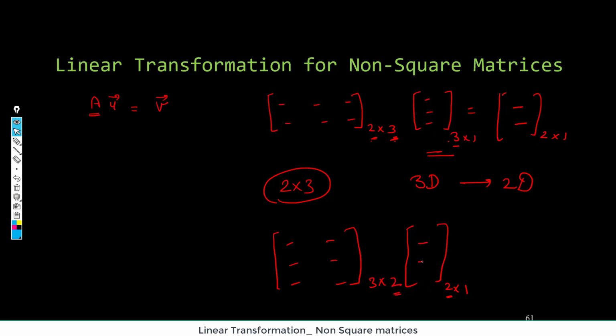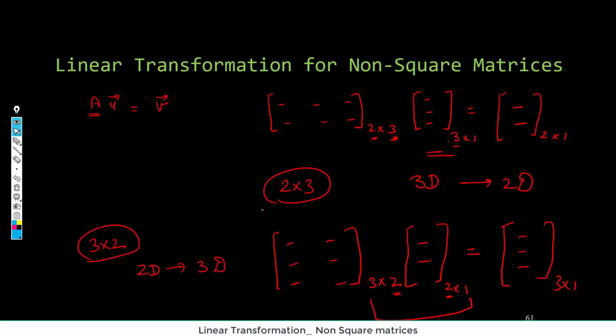So it is a 2-dimensional vector, and when we apply this transformation, the output would be, you might have guessed, 3 cross 1. So we will be getting a 3D vector. This is the example where we would be starting with 2 dimensions and the resulting vector would be in 3 dimensions. So it's just discussing the dimensions here without using any numbers or showing you the transformations.